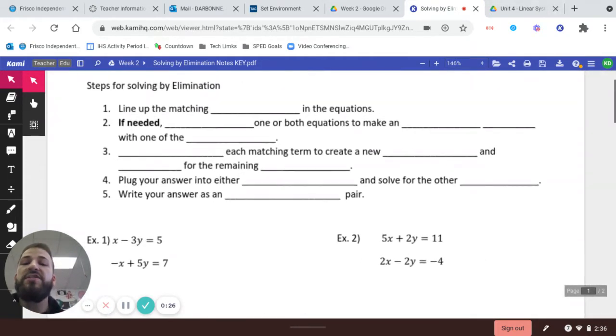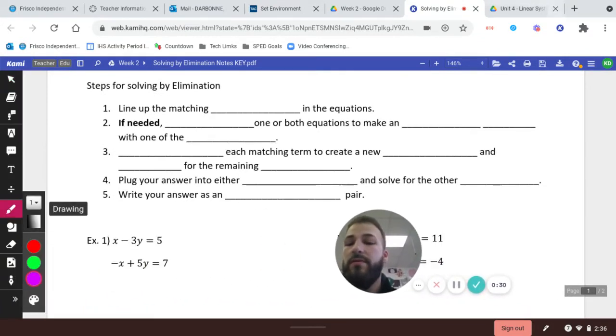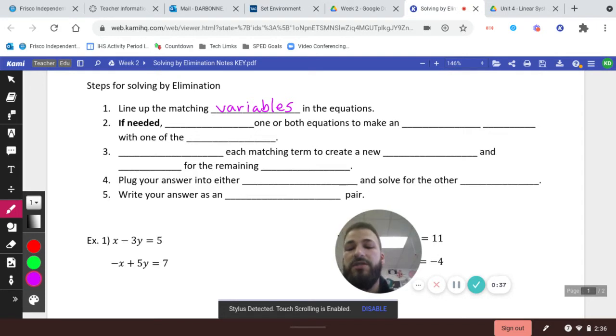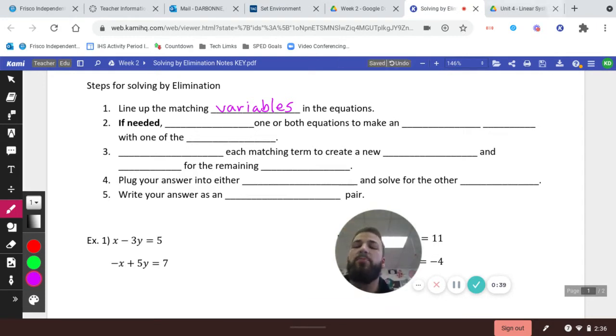Okay, so the first step in elimination is we want to line up the matching variables in the equation. So on number one, we have x minus 3y equals 5 and negative x plus 5y is equal to 7. So our x's line up and our y's line up. That's our goal.